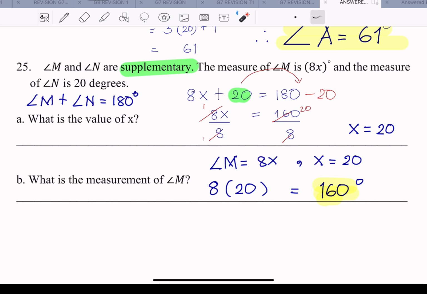How do we get 20? 160 divided by 8 is 20. Then, what is the measure of angle M? Our angle M is 8x. So all we have to do is to write 8x, where x is 20. So then 8 times 20 is 160.